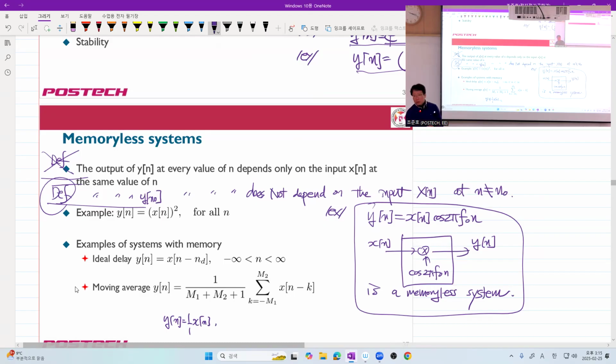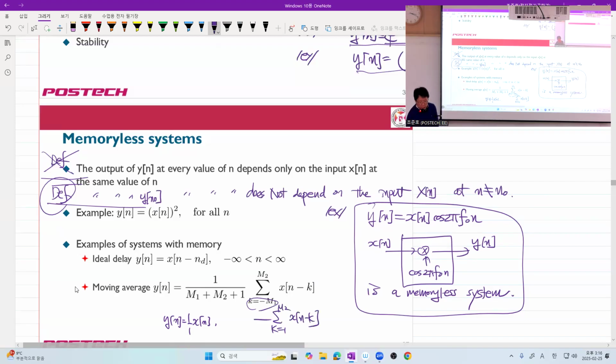All the other moving averages depend, the current output depends on past value or values or future value or values. As I told you, in the real world we usually use causal moving average, or sometimes just simple moving average. We use past M2 values here by taking this as k from 1 to some M2, x of n minus k.